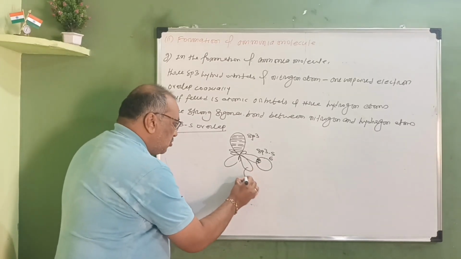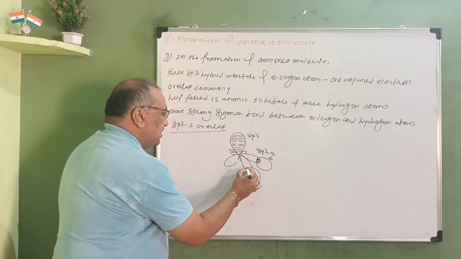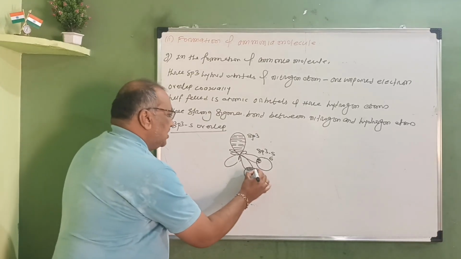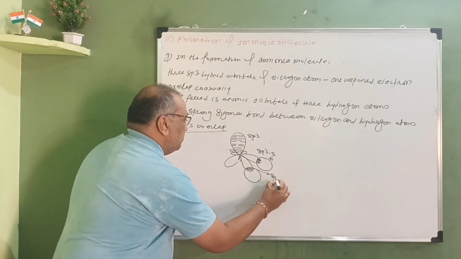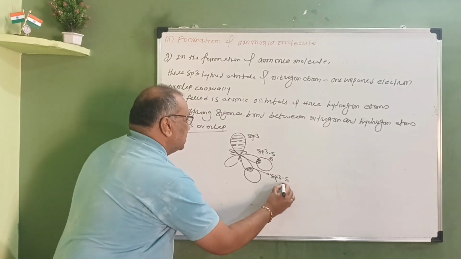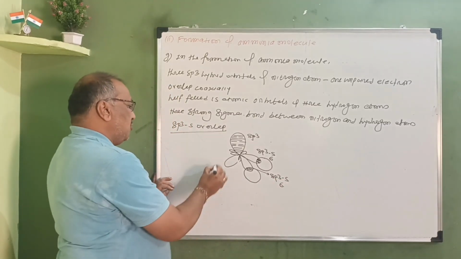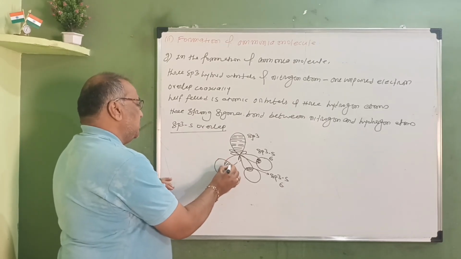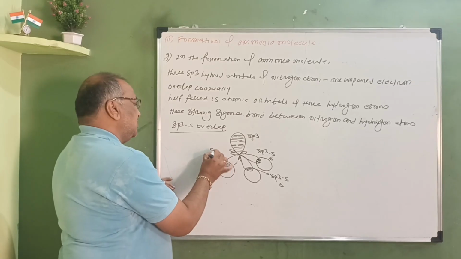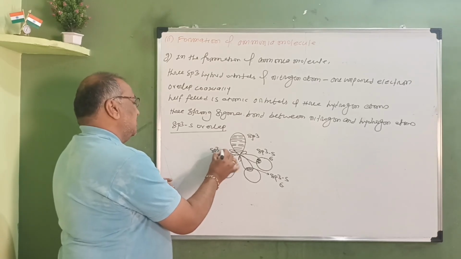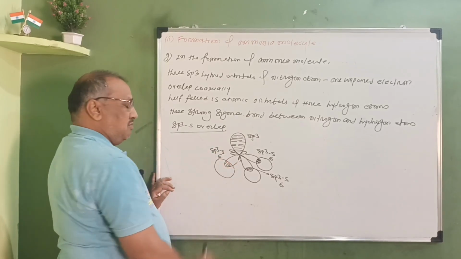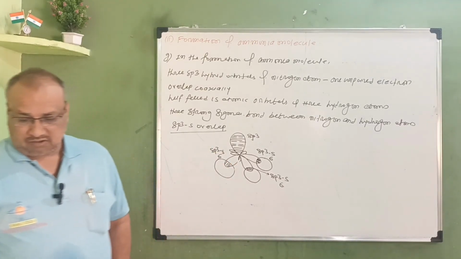Here also draw. Again this region is called as overlapping region. Here type of overlap sp3s and bond sigma bond, and here also overlapping takes place. Type of overlap is sp3s and bond formed here sigma bond.